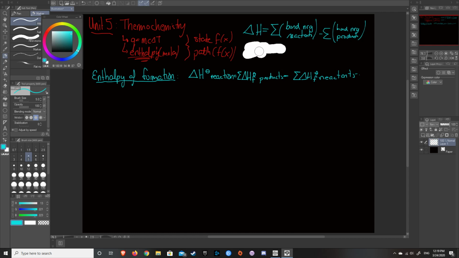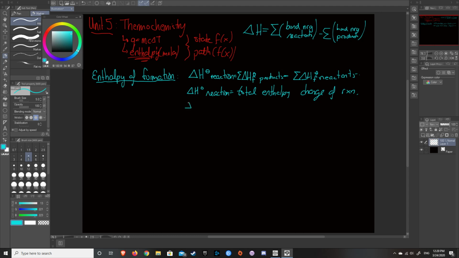But right now we're going to be discussing what the enthalpy of formation is. So let's define what these are. So we got delta H naught reaction. That's the total enthalpy change of the reaction.